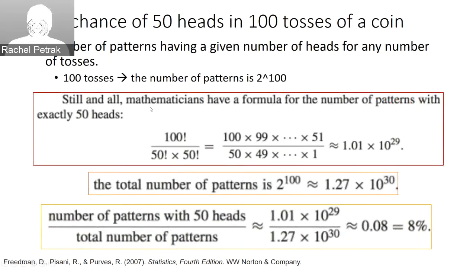Now, if we look at the chance of 50 heads in 100 tosses of a coin, you can see there's the same mathematical pattern. The number of patterns has a given number of heads for any number of tosses. So when we have 100 tosses, the number of patterns is now 2 to the 100th power.